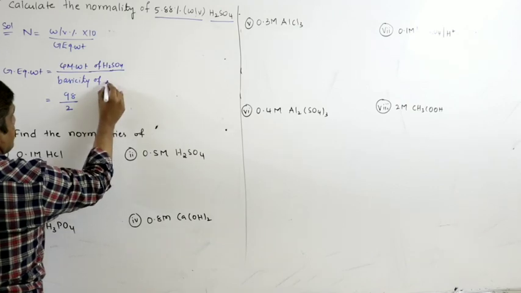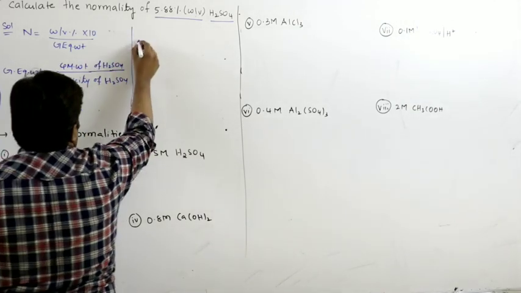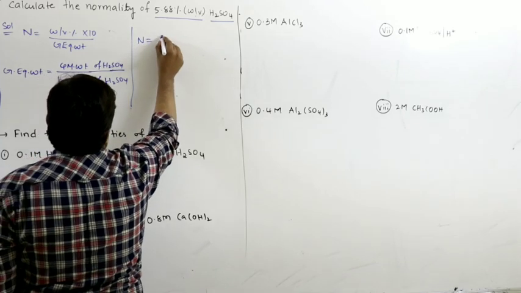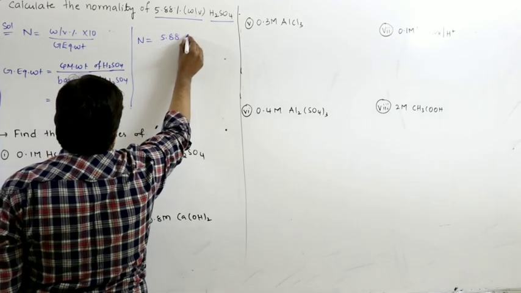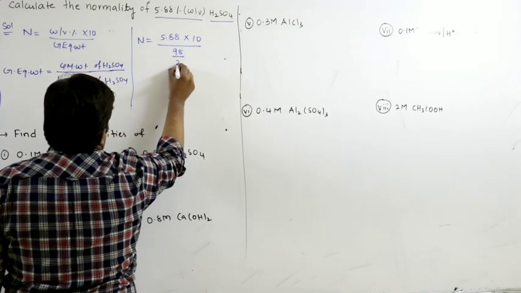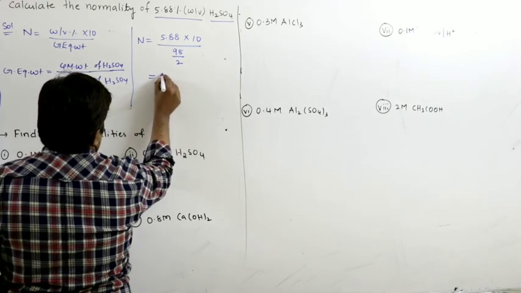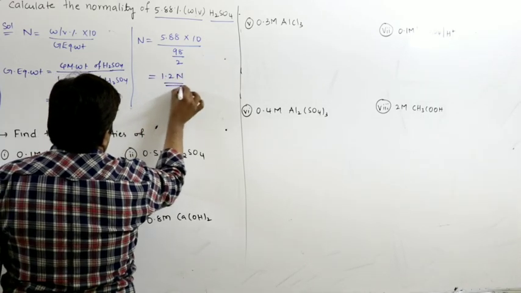Already we have studied this. So, substituting here, normality equals 5.88 percentage into 10 by 98 by 2. Right. So, if you simplify, you will get 1.2 normal.